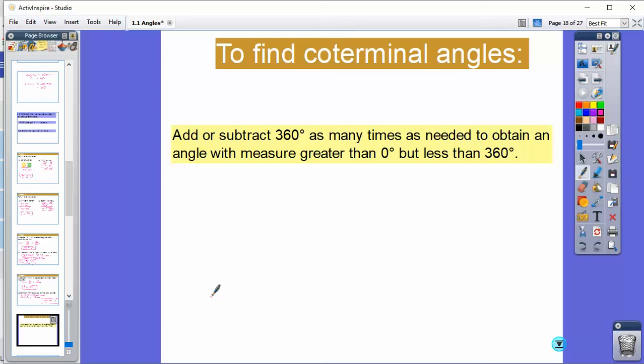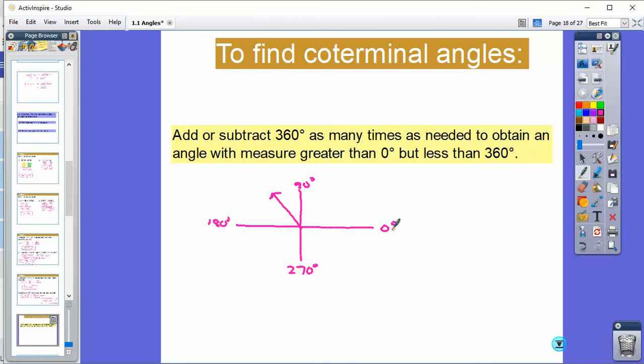If I'm talking about a coterminal angle, that means it ends at the same spot. For instance, we all agree this is like 0, 90, 180, 270.